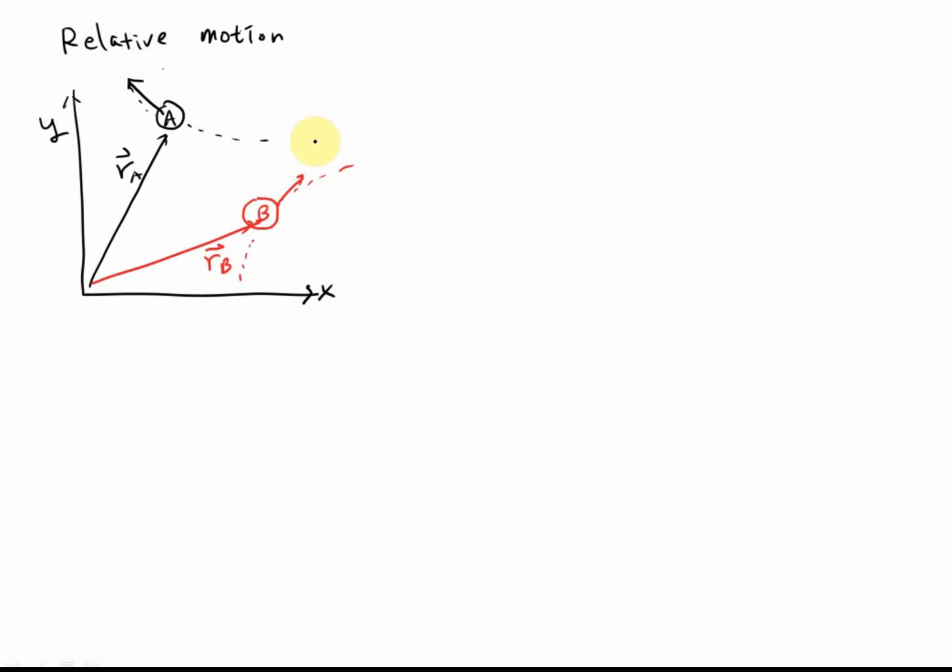Then what if you want to get the velocity of A with respect to B, not with respect to your origin O? I know that the velocity of A with respect to O is just the derivative of RA over dt, and VB is just the derivative of RB over dt. That's it, right?